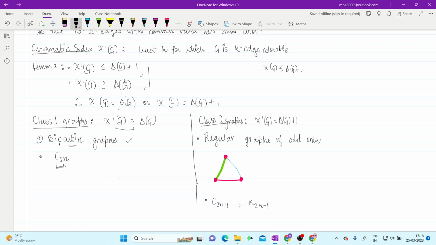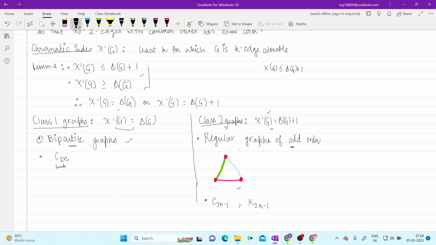And if we want to look at some examples of class 2 graphs, all the regular graphs of odd order will be class 2 graphs. That is, for regular graphs of odd order, the chromatic index will be maximum degree plus 1.